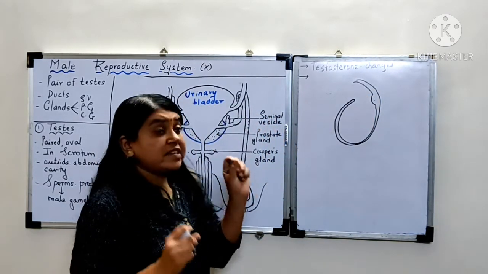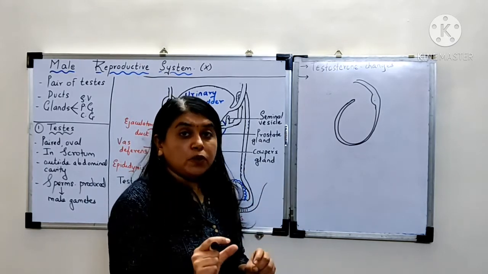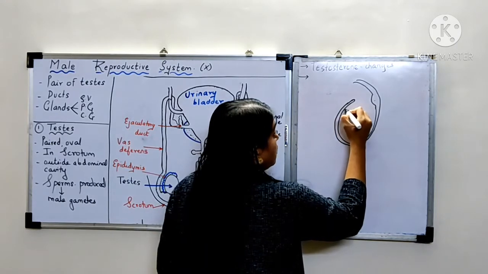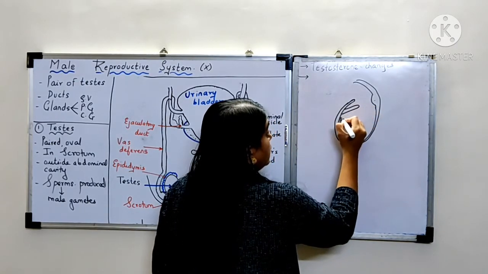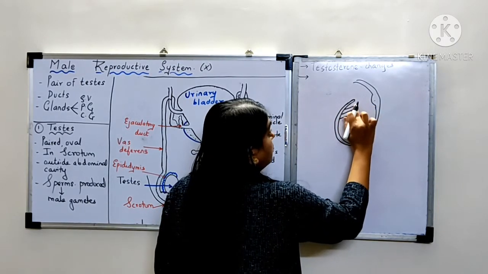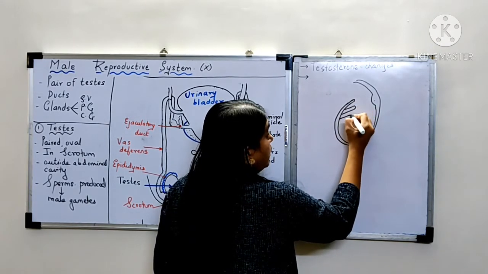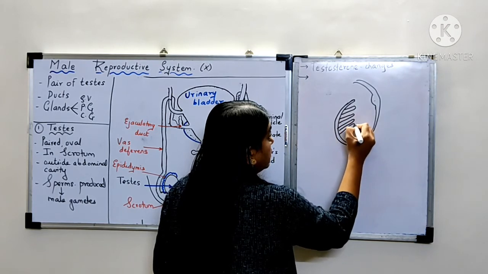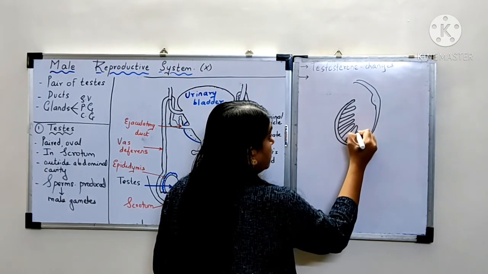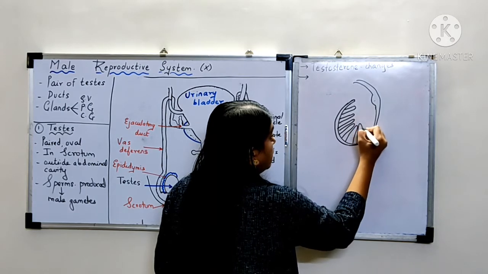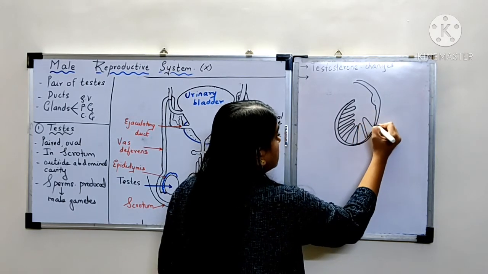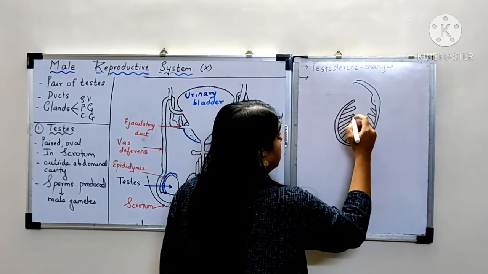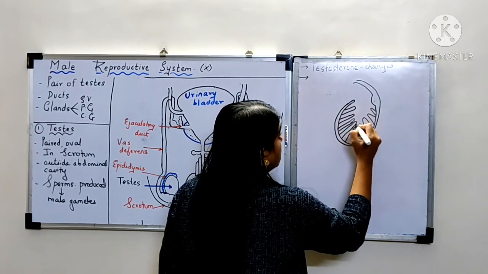Now, the testes contain small tubules which are called seminiferous tubules. So, here I am showing you simple tubular structures. Like this. Show it a bit bigger also.